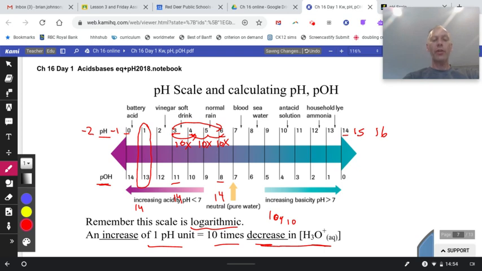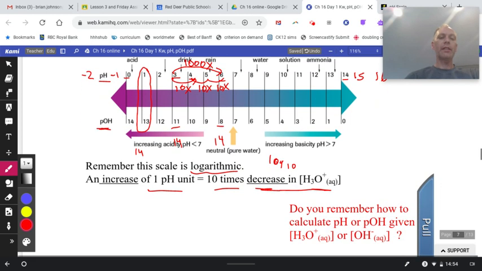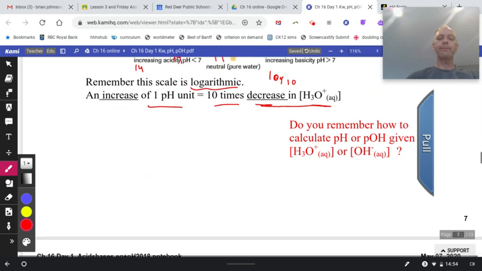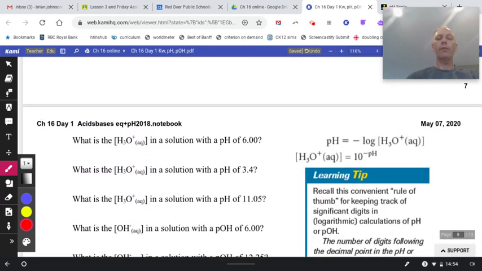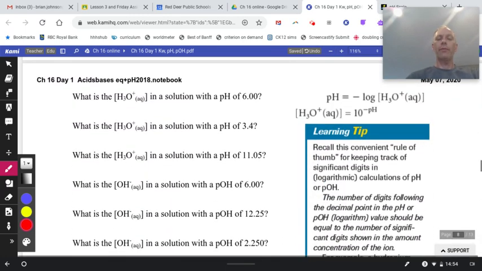Is that 30 times or 1,000? And the correct answer would be 1,000 times. You multiply, okay? It's logs multiplied. So 10 times decrease for each step up, 1,000 times for 3 steps up, 1,000,000 times for 6 steps up.